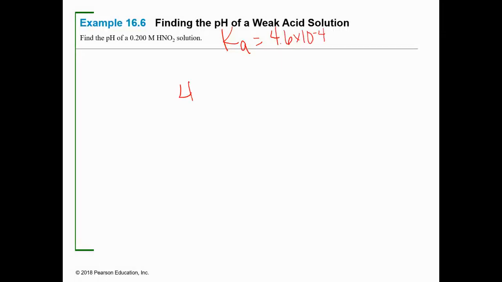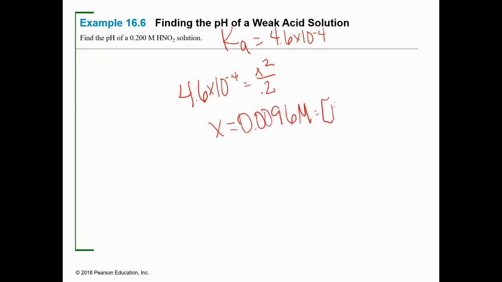Okay, so I've got 4.6 times 10 to the negative 4 is equal to x squared over 0.2. Okay, remember, this is not pH. This is our concentration. X is concentration. So then you have to take the negative log of that. So I get that the pH is equal to 2.02.